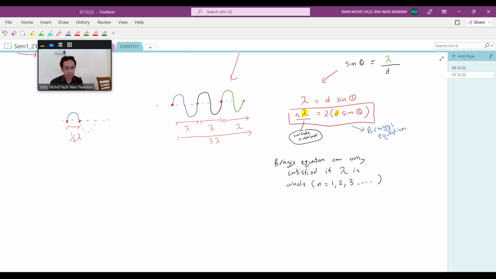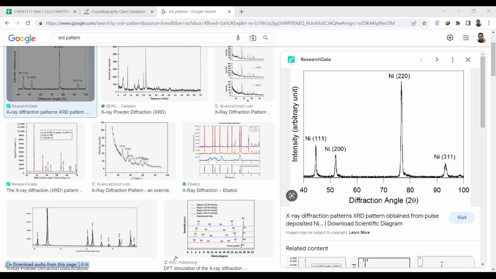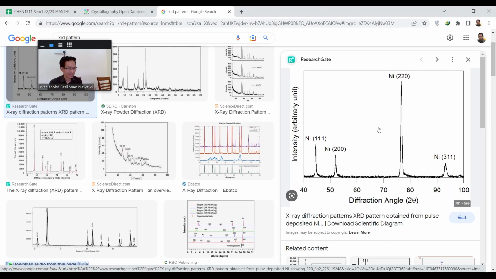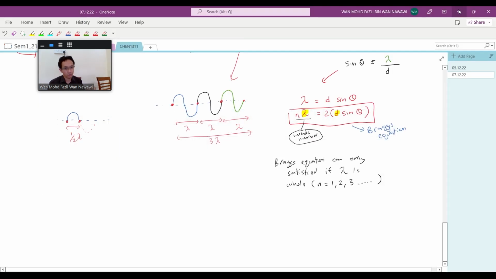So if you look here, this is what we call an example of XRD for crystalline material. Okay, it's sharp. You can see it's very sharp. So for crystalline material, normally for XRD you get something like this, sharp like that, sharp like that, whatever plane.